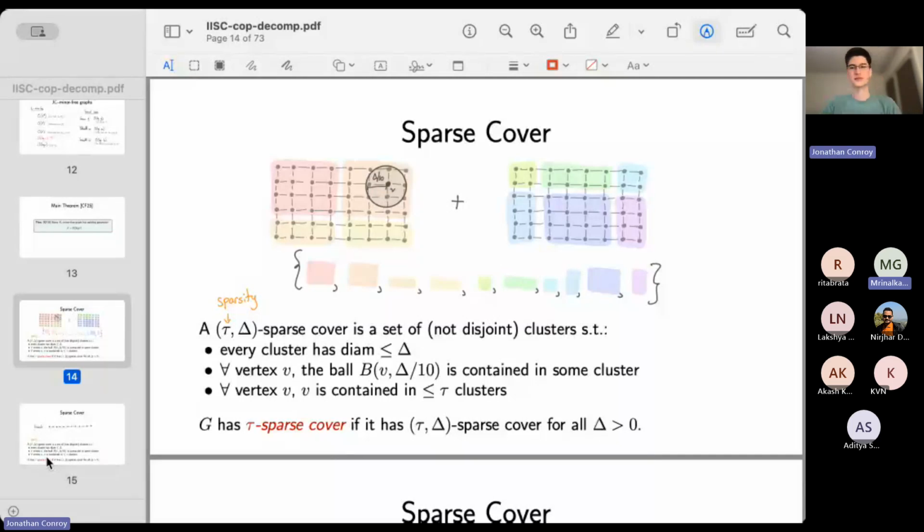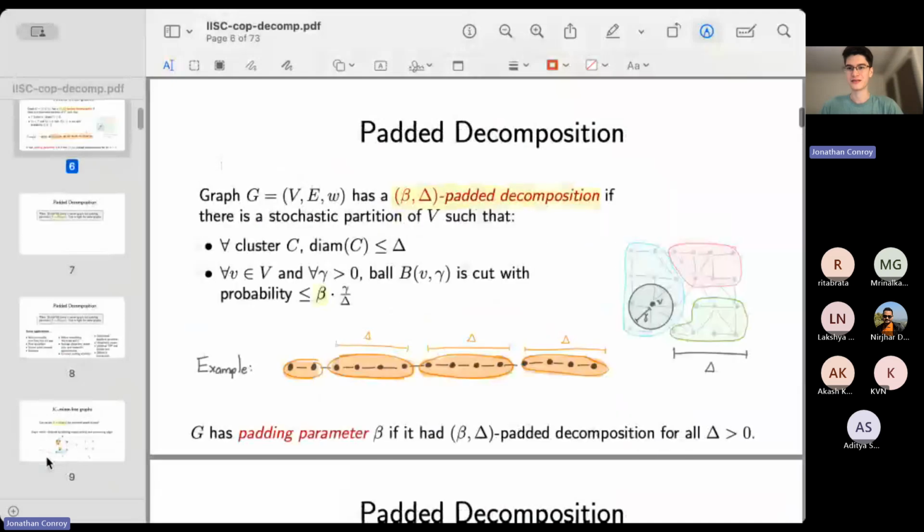Good. Yes. So if you set gamma equal to 10 in this definition of padded decomposition, you'd get this result. Let's say for constant beta, that every ball of radius delta divided by 10 is cut with probability at most 1/2 or something like this.